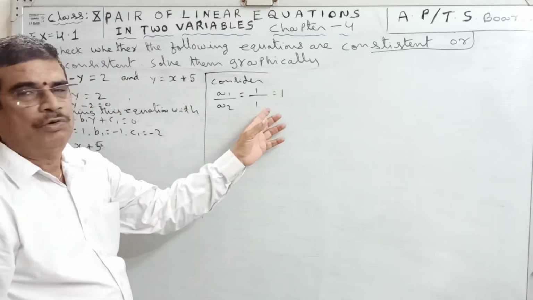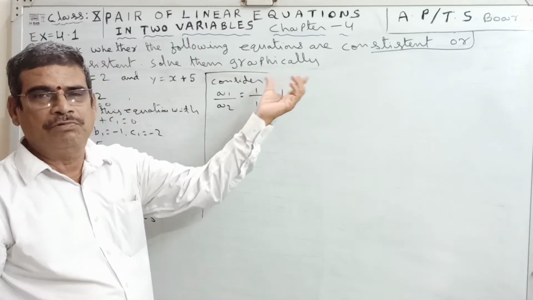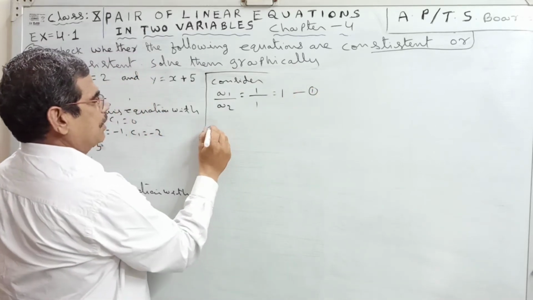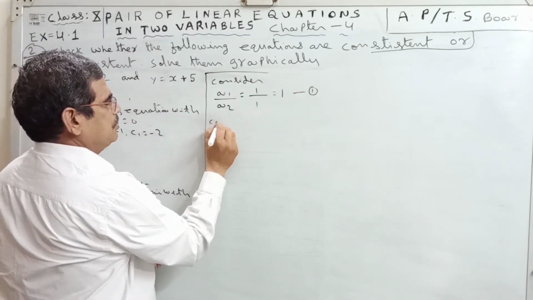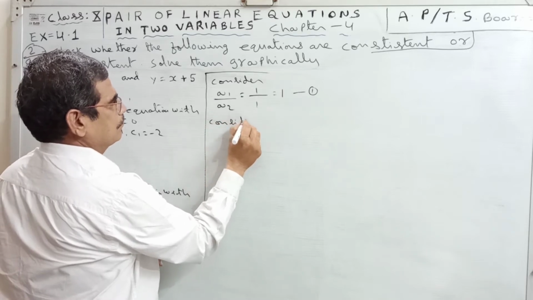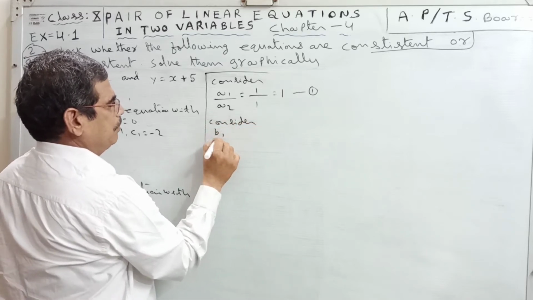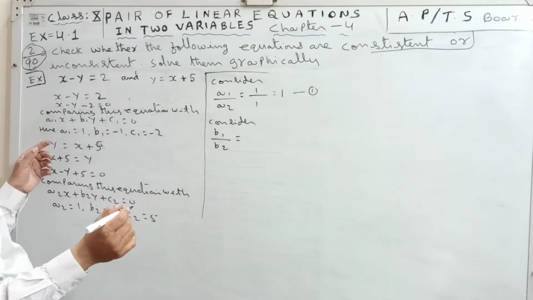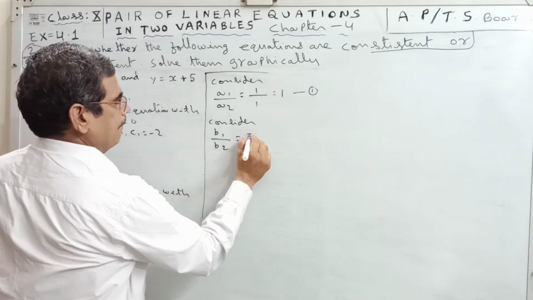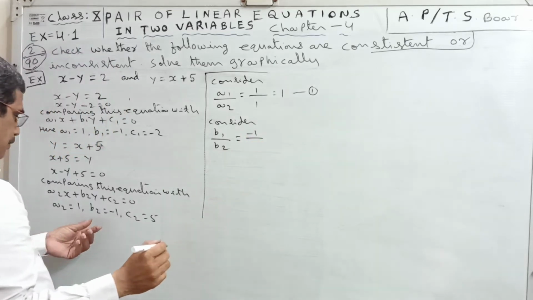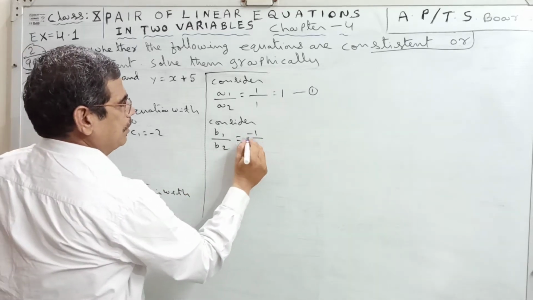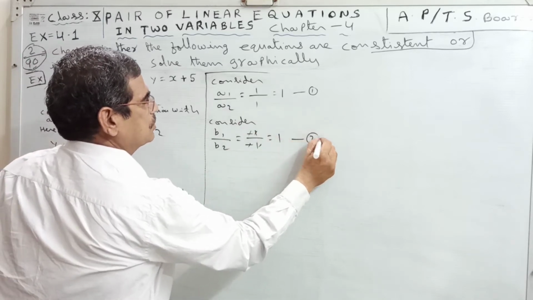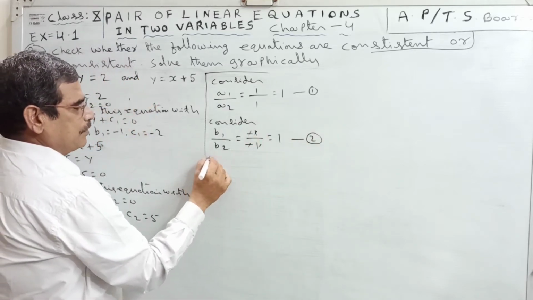So this is 1. Second one, consider b1 by b2. What is the value of b1? Minus 1. What is the value of b2? Minus 1. Again cancel, 1 is there. So this is 2, the second one.